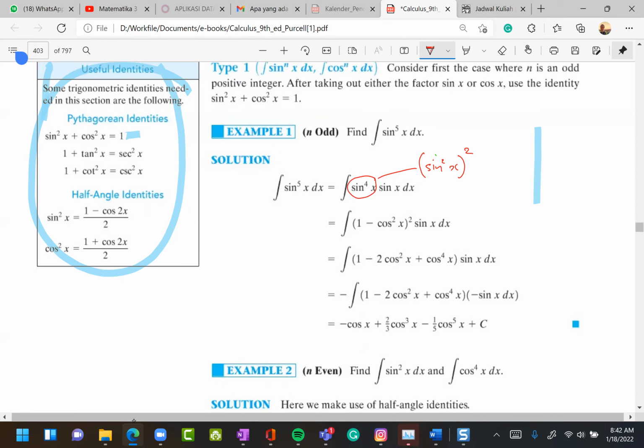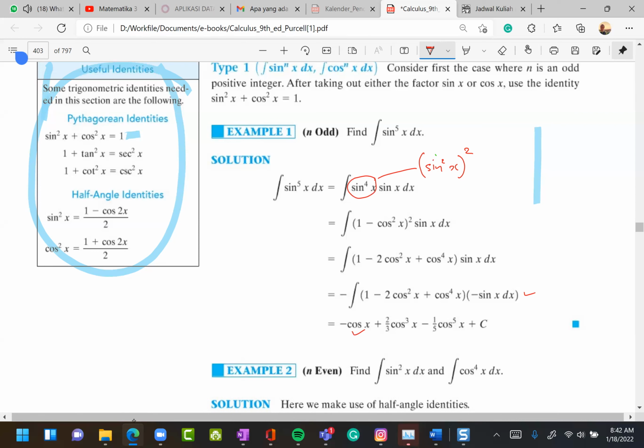Okay, so this step is okay. All right, so just multiply this out and integrate one by one. So this is the integral of negative sine, which is just negative cosine. Okay, so this one is okay.